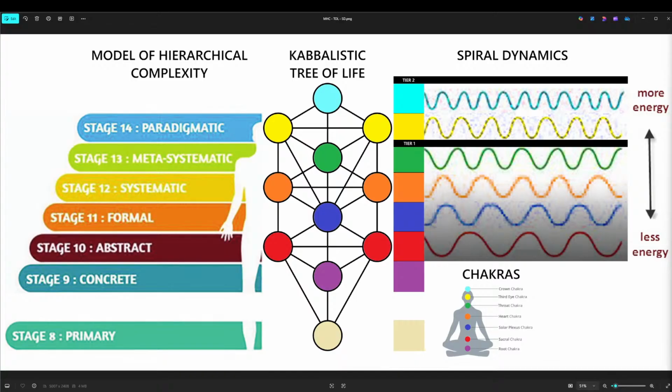Anyway, I'm kind of getting ahead of myself explaining that, but yeah, at the highest levels, so to speak, of philosophy and spirituality, stage turquoise is non-duality, basically.